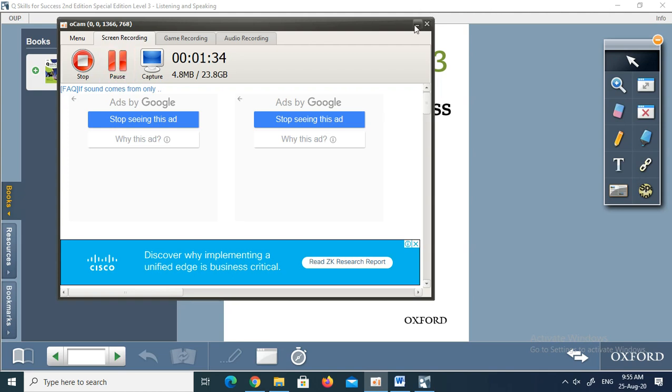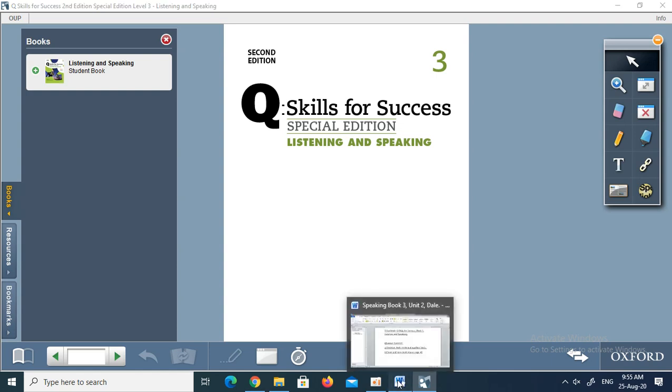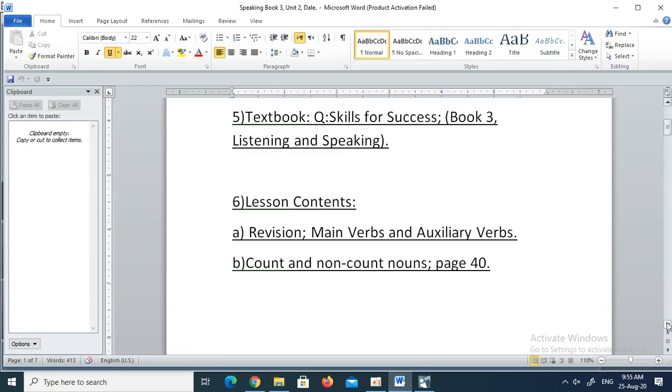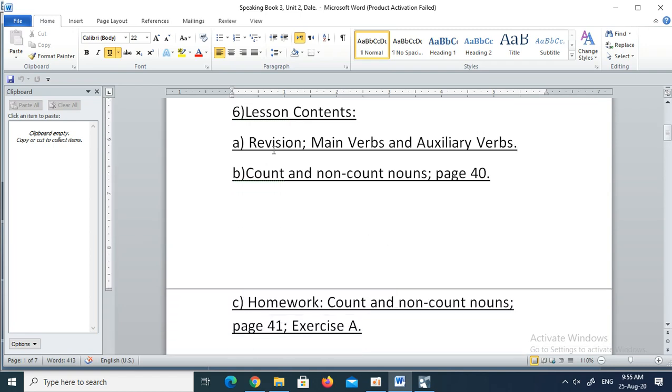Okay, I take it you have all now got the textbook in front of you. Today, our lesson contents are going to be, firstly, revision on the main verbs and the auxiliary verbs, which is something we covered last week. So we just need to go over and refresh our memory.